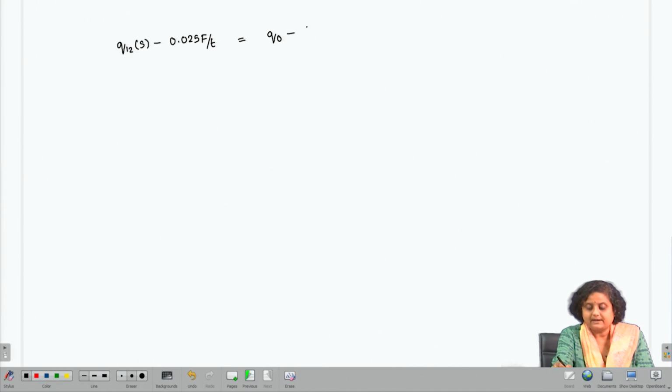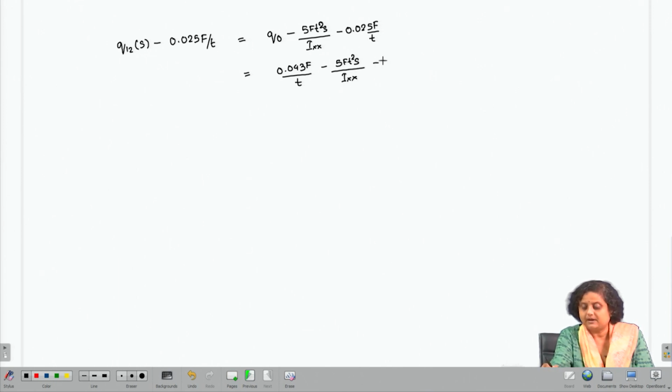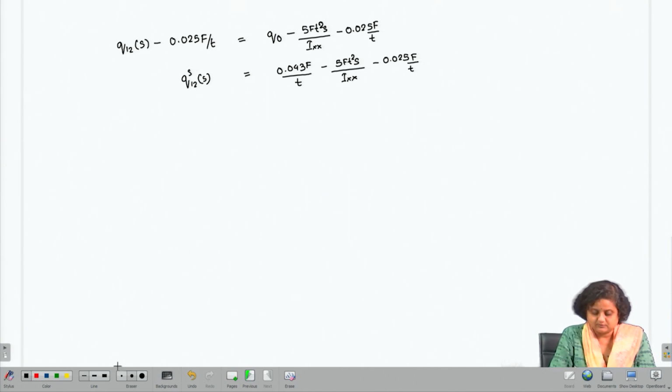Q12 is Q0 minus 5 F T square S by Ixx minus 0.025 F by T, where this is going to be equal to 0.043 F by T minus 5 F T square S by Ixx minus 0.025 F by T. So, this is the total value of Q12S.